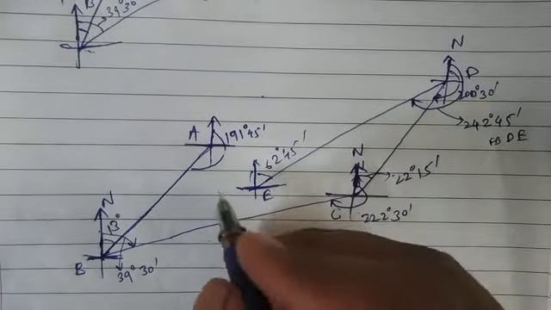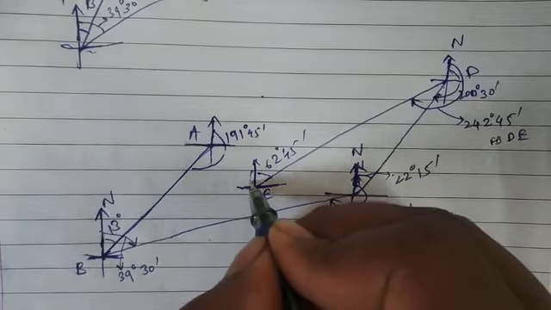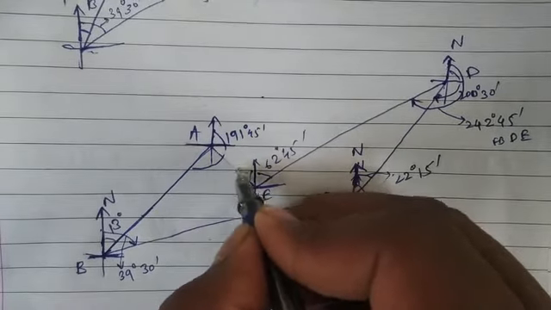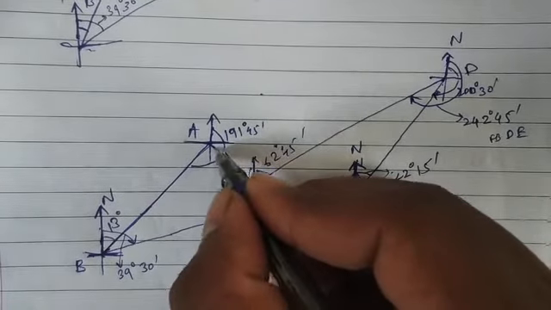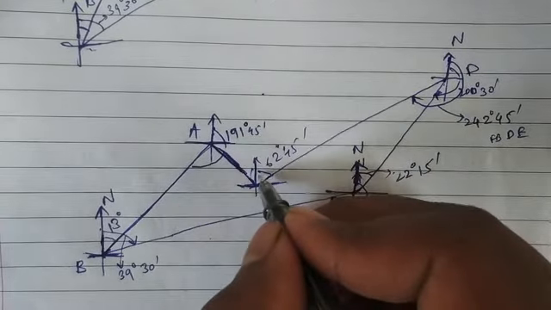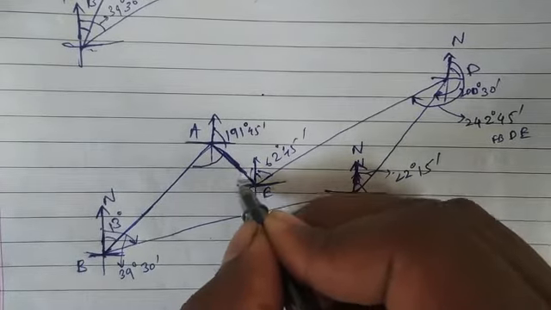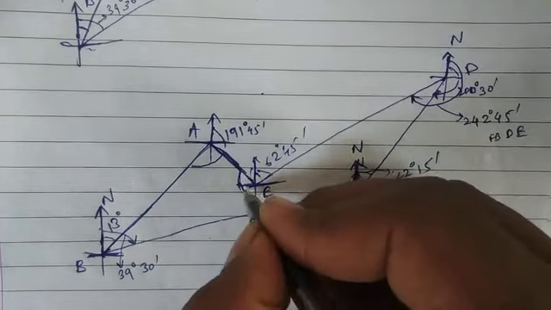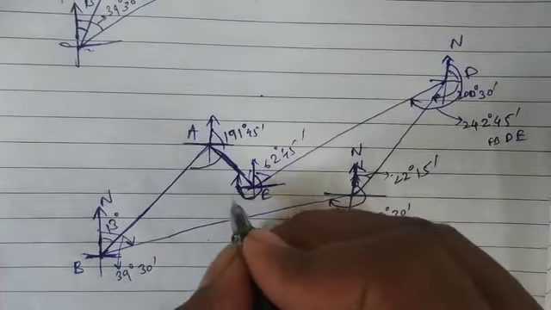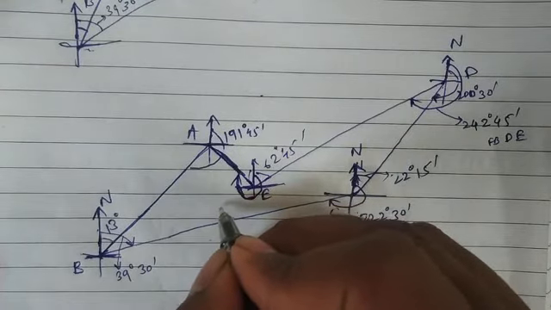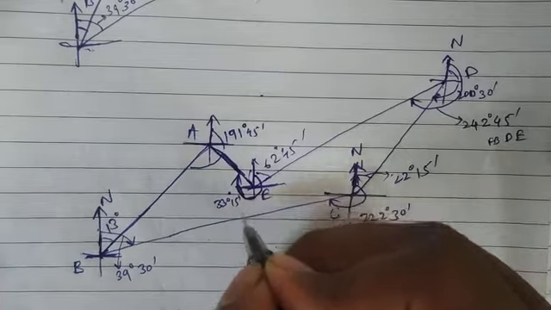The last line is EA. For line EA, the fore bearing is this angular distance, and its value is 330 degree 15 minutes.